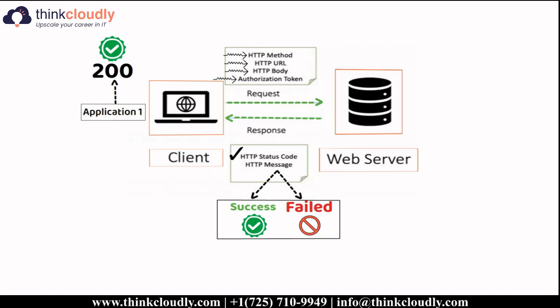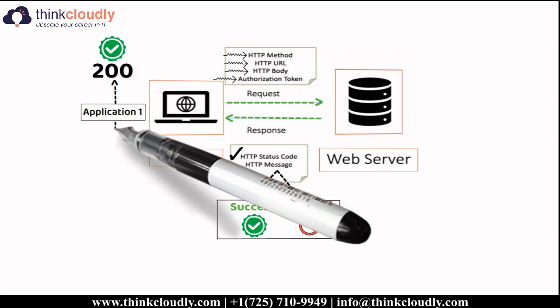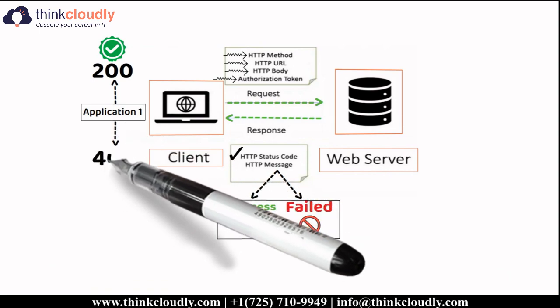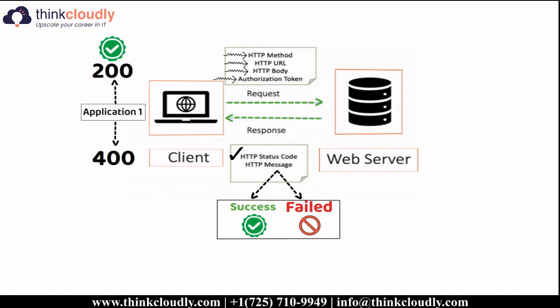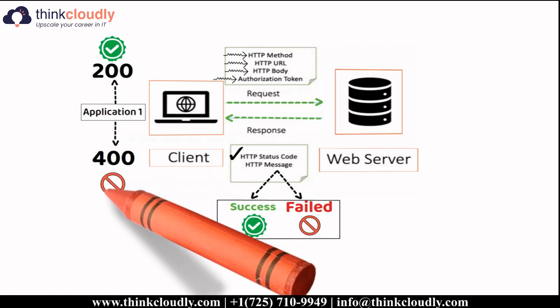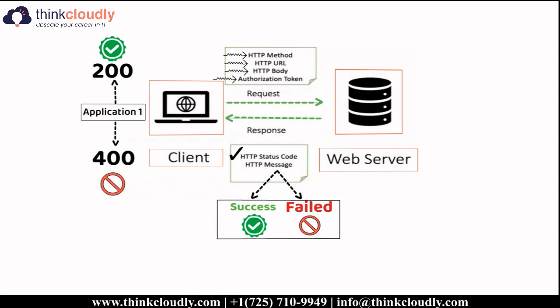So if application 1 is receiving status code 200 after the transaction, it means the transaction was successful. If the status code was 400, application 1 will understand that there was some problem with the request, over here in the body. There are various status codes which you can read online, and that will be really good.